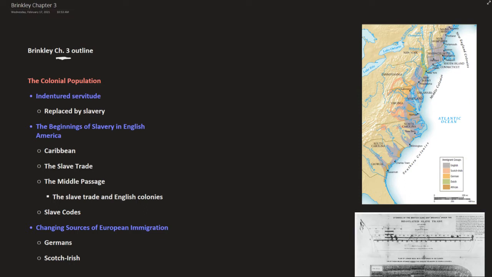If we think about it, chapter 1 was pretty much about all European colonization. That was when we covered the Spanish, the English, the Dutch, the French.